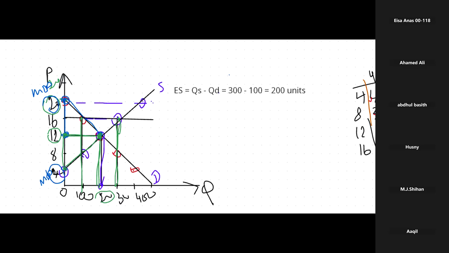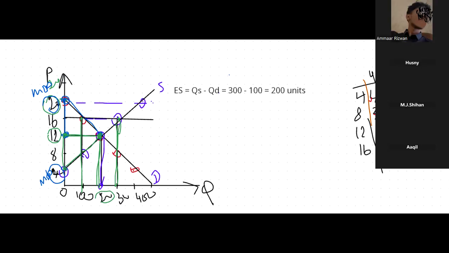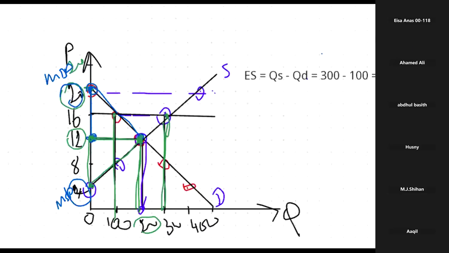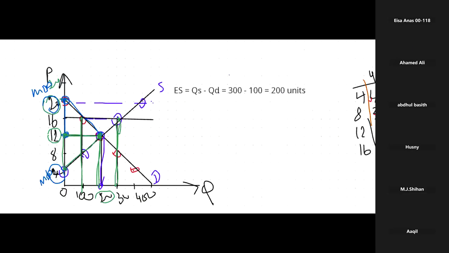At that time, if the producer wants to sell everything, he has to sell at a lower price or higher price? He will have to sell at a lower price. So this is the concept here. That means whenever there is an excess supply, there is a price drop.